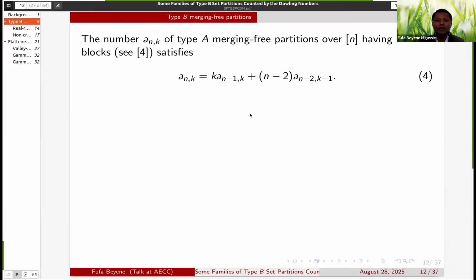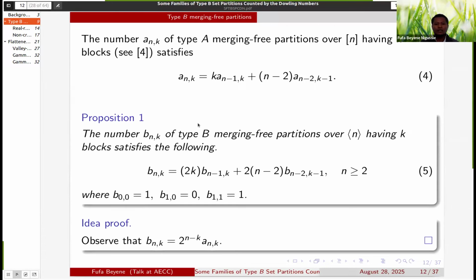And now the number of type B merging free set partitions over n having k blocks satisfies the following recursion. So B(n,k) is given here by 2k B(n-1,k) plus 2(n-2) B(n-2,k-1).